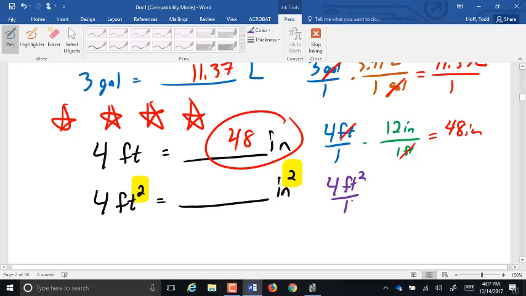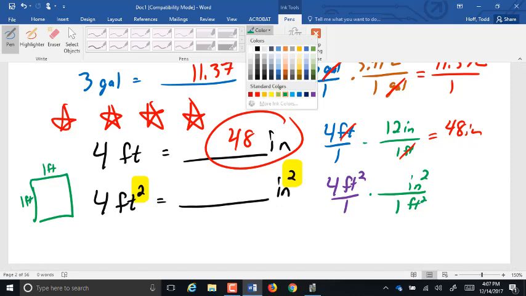So 4 square feet, we make it a fraction by putting it over 1. 1 square foot is how many square inches? Well, remember, a square foot is 1 foot by 1 foot.